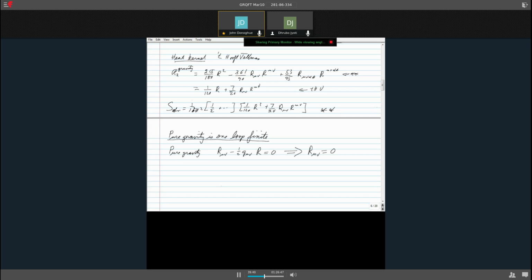Now, sometimes you'll see the following said, and it's certainly true. Here we've calculated the divergence, but you'll see it said that pure gravity is one loop finite.